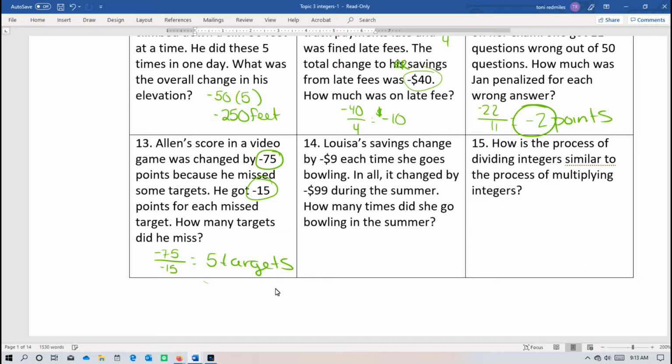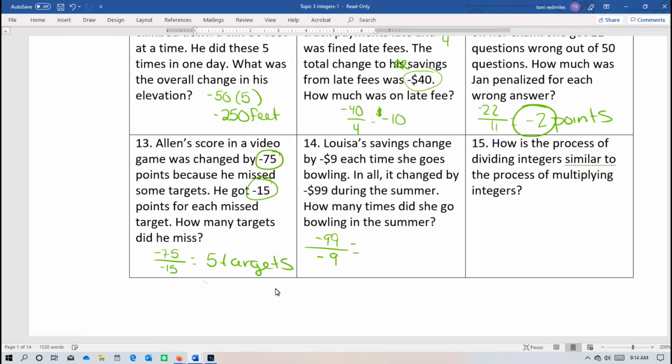Louisa's savings changed by negative $9 each time she goes bowling. In all, it changed by negative 99 during the summer. How many times did she go bowling in the summer? So she had a decrease of $99 to her savings. And each time she goes to the bowling alley, it's a negative $9 to her savings.